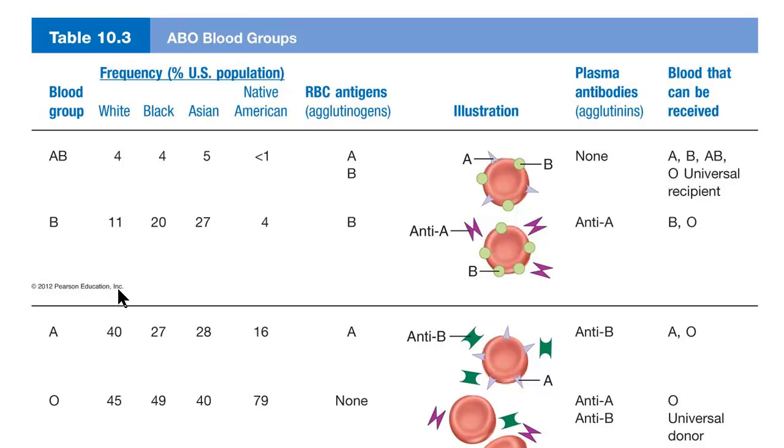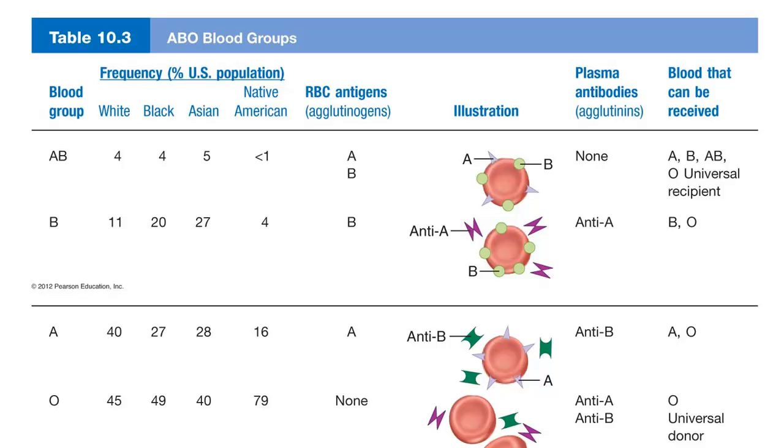Let's look at a person with type A blood. They have A antigen on their red blood cells, therefore they form antibodies against the other antigen, B, because that would be considered foreign. B is not on the red blood cells, therefore they're going to form antibodies against the B antigen.